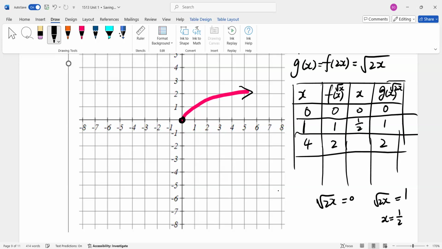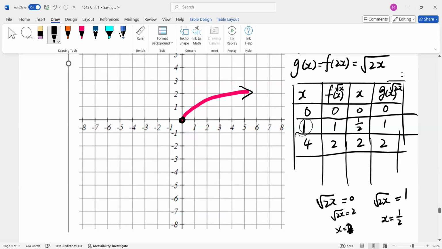Right? In order to have the same input, again, the input is not x anymore. The input is 2x. In order for the input to be 1, the same input, the x value has to be half because it's 2x, right? Then in order for root 2x to be 2, x has to be 2.